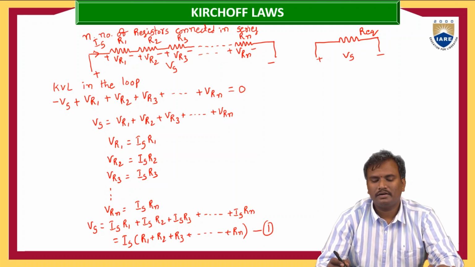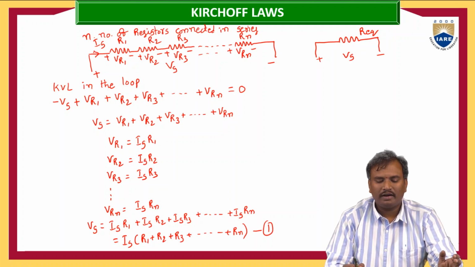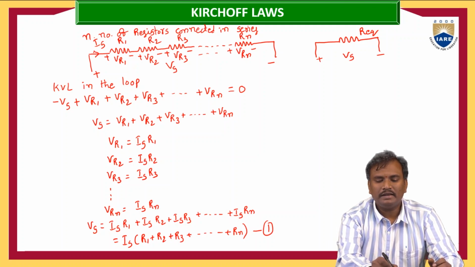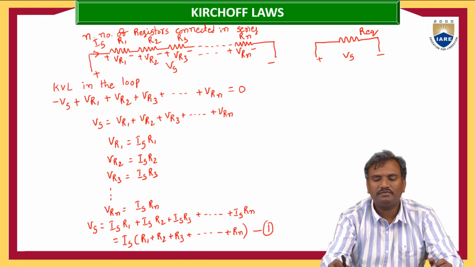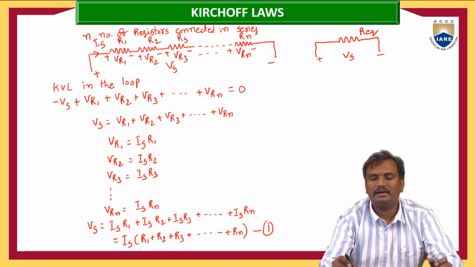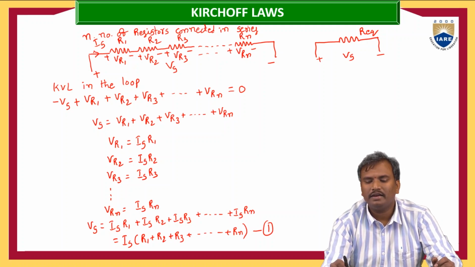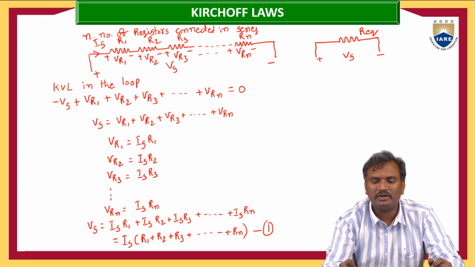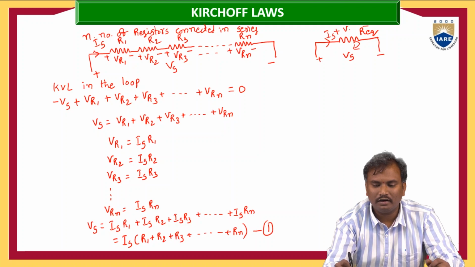So here we are replacing all these resistors with a single equivalent resistance, that is R equivalent. Now let us write the KVL equation for this. That is Is. So from this, if we write the KVL, that is V across R equivalent.